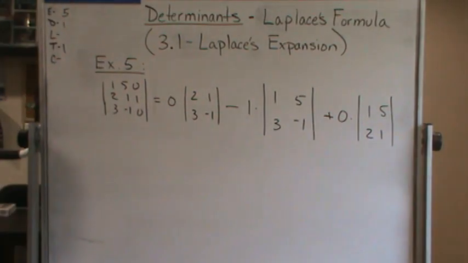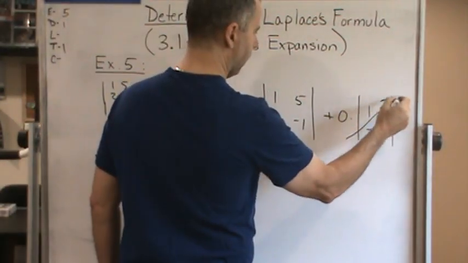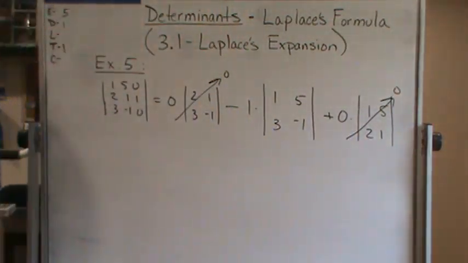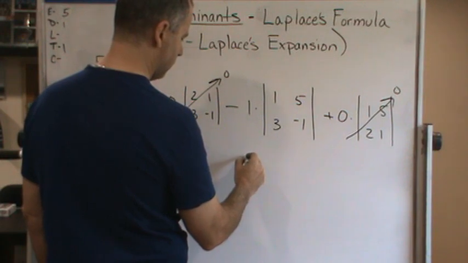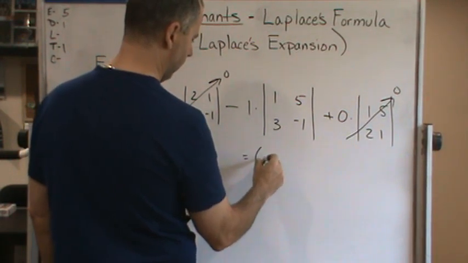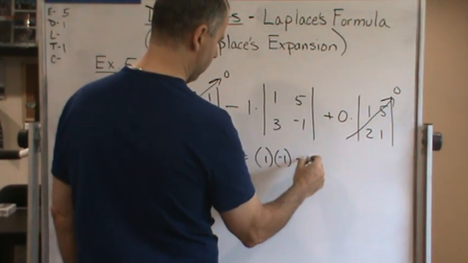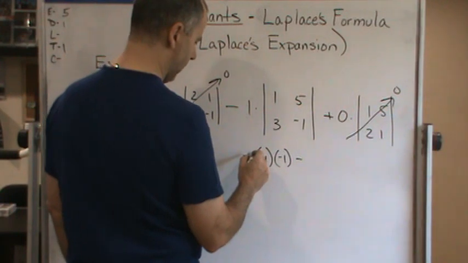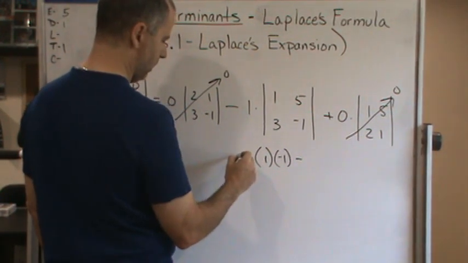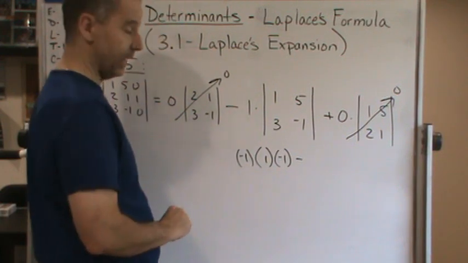Okay, and look at that. Really easy. This is going to be 0, and that's going to be 0. Don't even have to worry about them because it's 0. And so it simplifies things because now this is just going to be equal to what? It's going to be 1 times negative 1 minus, and again, there's a minus sign here, so I have to make sure I have that negative.